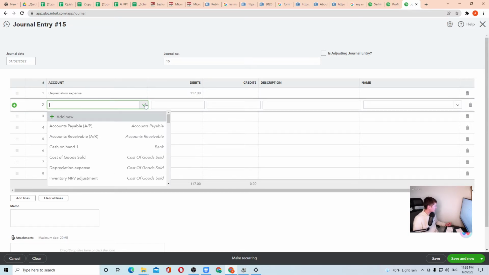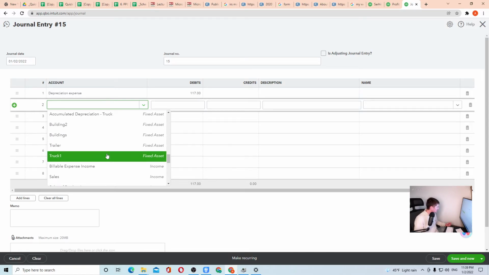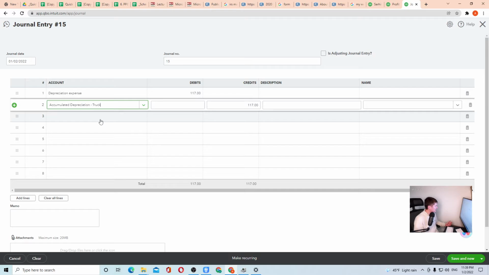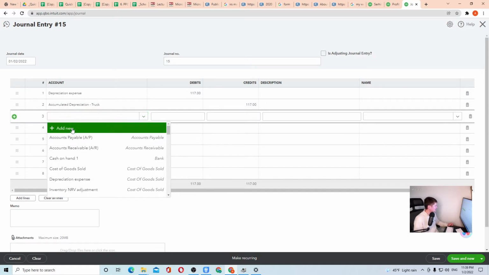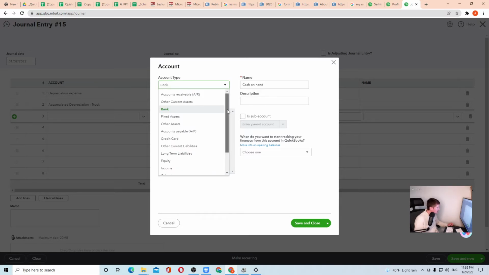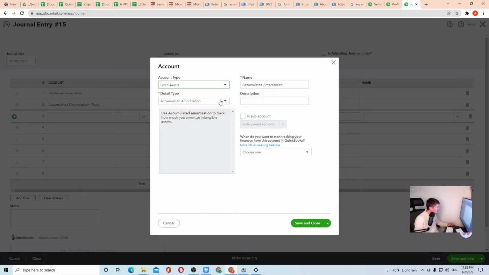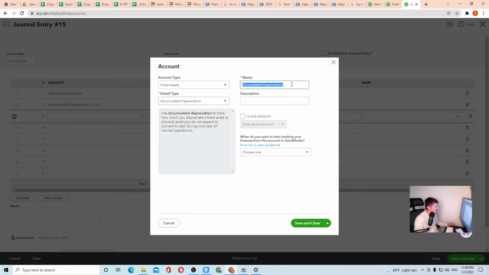And I use the accumulated depreciation account. One, I've already added one. And for the next one, I need to add it as well. Fixed assets, accumulated depreciation, trailer.